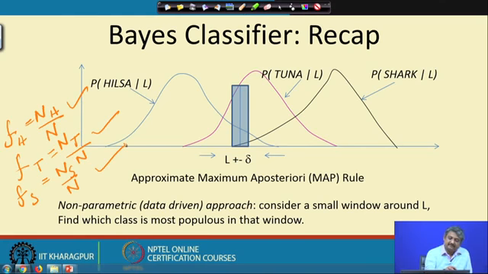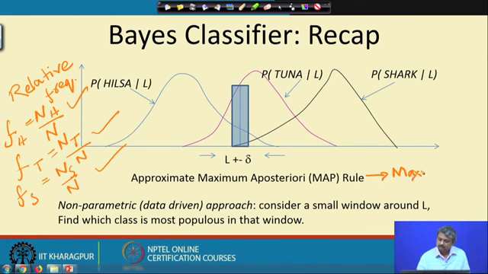Since my relative frequencies are a good approximator of the posterior probabilities, I can restate in an approximate form the MAP rule as: put it in the class having the highest relative frequency. Here that would turn out to be tuna.